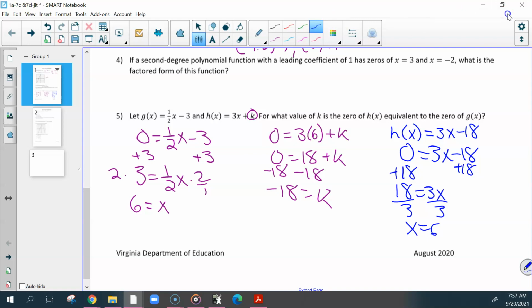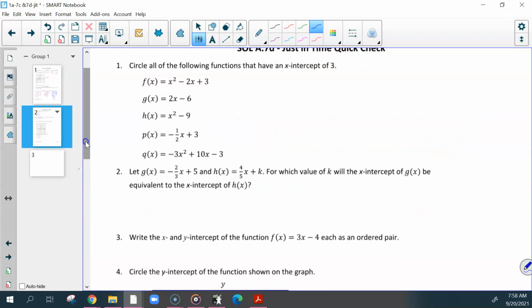Let me make sure a pass to go down there. For the other side, number 1, put all of those in the Desmos like at the same time.